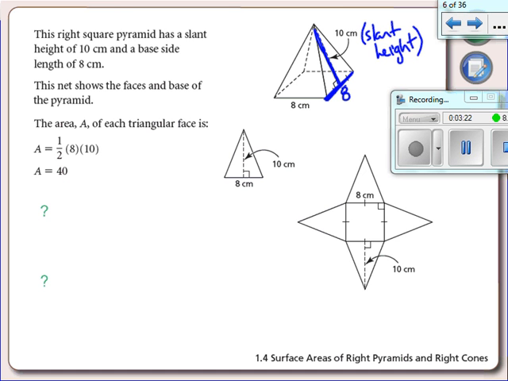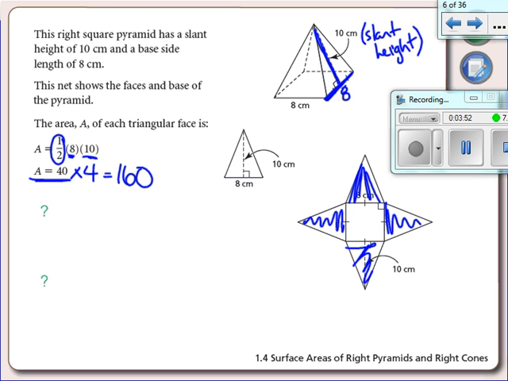So if I'm using that in my area of the triangle, I've got base times height divided by 2, and that ends up equaling 40. How many of those do I have though? 4 of them. So I'm going to multiply that by 4. So I've taken care of this face, this face, this face, and this face.